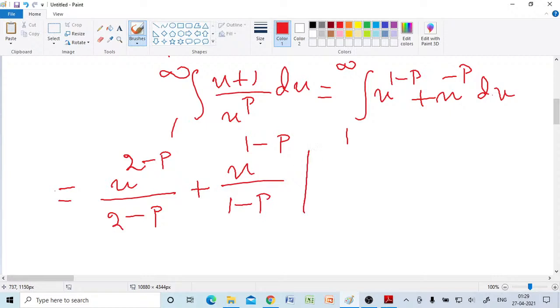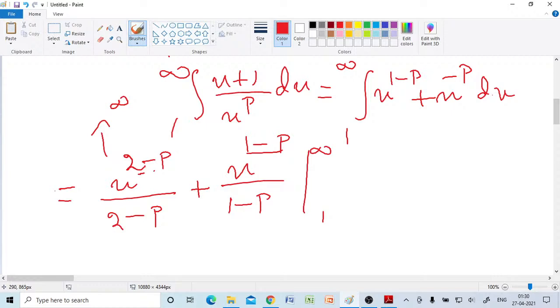Now this is the integral from 1 to infinity. Note that if we plug in infinity over here, these powers must be less than 0 so that we can get something finite. Why? Because if the power is greater than 0, then this thing will obviously diverge to positive infinity and we will lose the significance of this test.